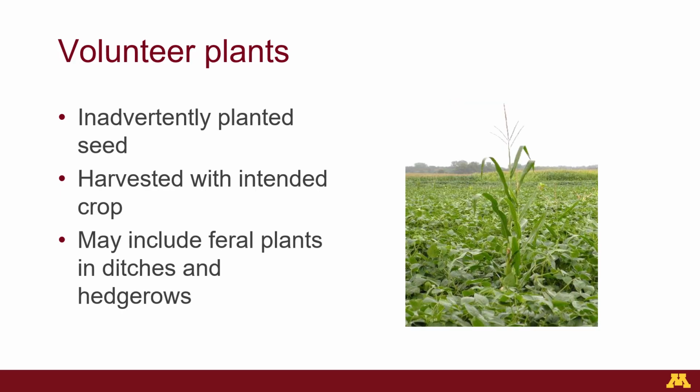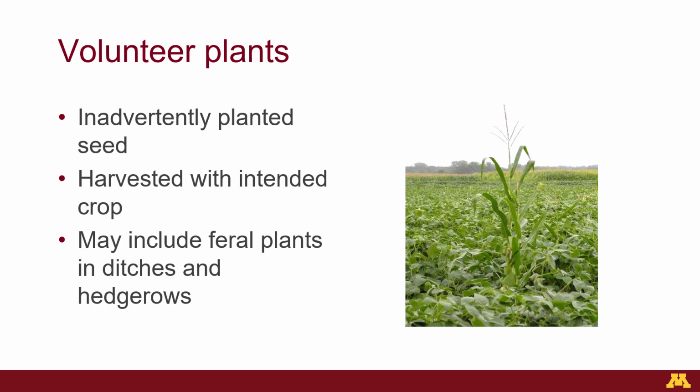We'll talk more a little later in this presentation about how to prevent this kind of unwanted cross-pollination. Volunteer plants are those that are not intentionally planted and are harvested with your crop. GMO volunteer plants can happen if GMO seed was previously used in a field and remains in the seed bank or has been accidentally transported from a neighboring field, for example, in equipment that was not thoroughly cleaned.